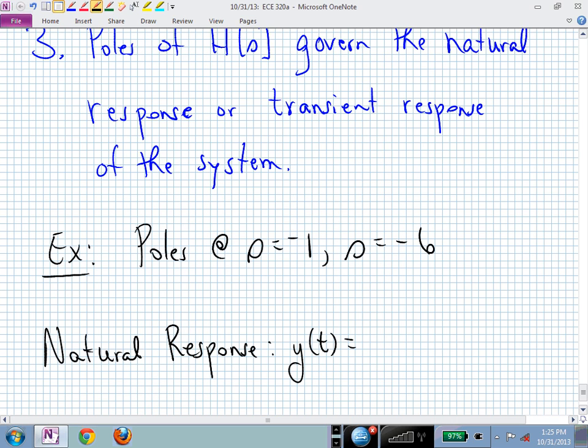Now, if you have two poles, that means I have one factor that vanishes when s is equal to -1. Oh, that's an s plus 1 factor. I have a second factor in my denominator that vanishes when s is equal to -6. Oh, s plus 6. In my denominator, I now have s plus 1 and s plus 6.